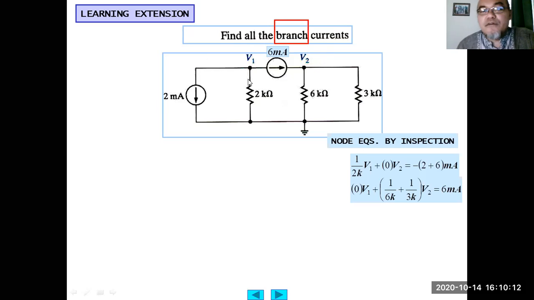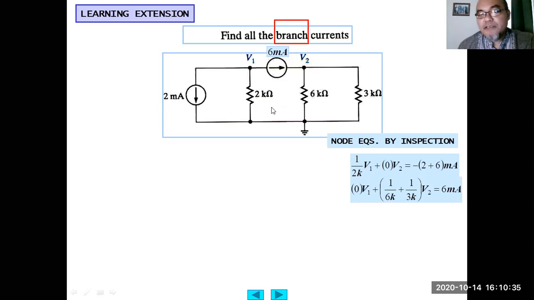But what about the current flowing through the 2 kilo ohm, the 6 kilo ohm and the 3 kilo ohm? Using node analysis, we don't calculate current directly; first we find the node voltages, and afterwards using Ohm's law we calculate the currents. That's how we find the branch currents.